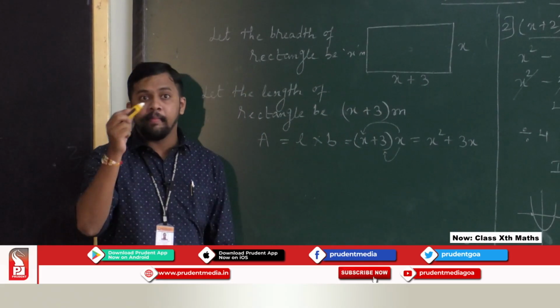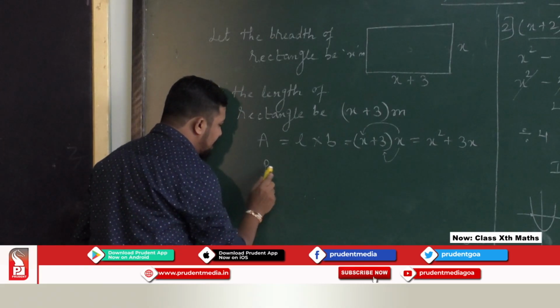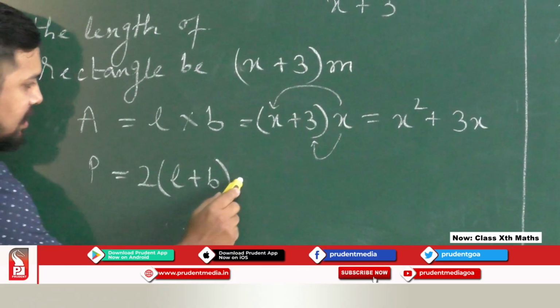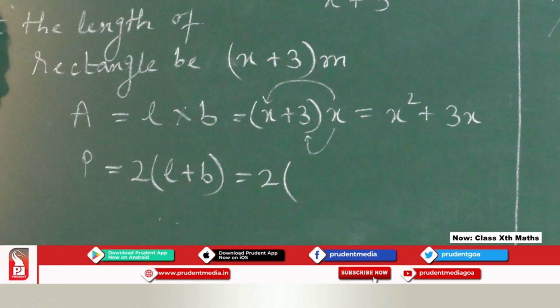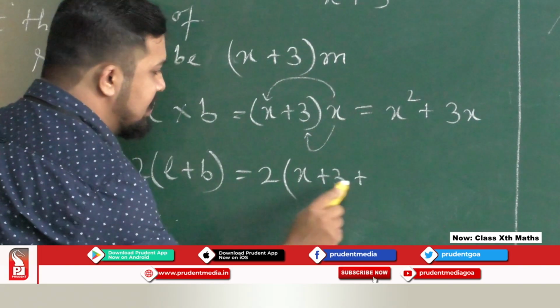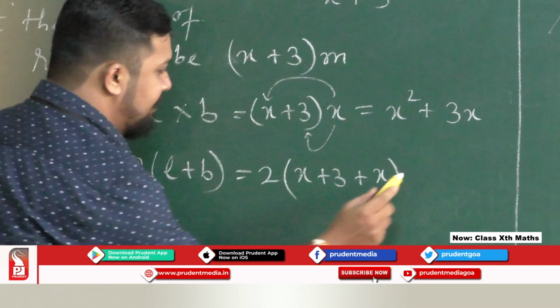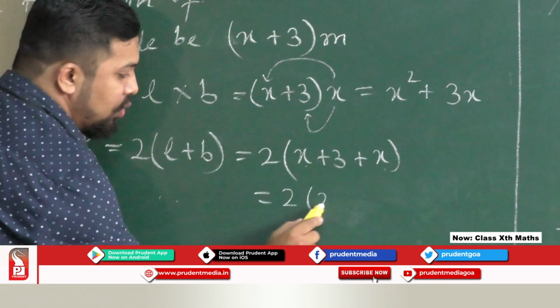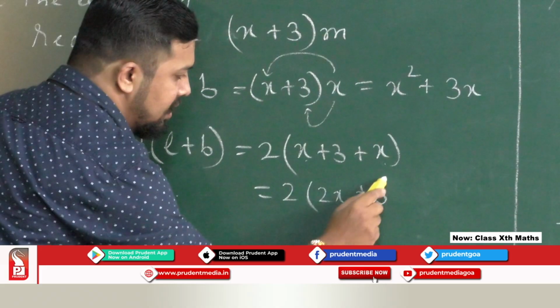And what I said was, perimeter is also equal. Now for perimeter I will write the formula, 2 times length plus breadth. So 2 times, my length is x plus 3 and my breadth is x. If I solve, I will get 2 times 2x plus 3.